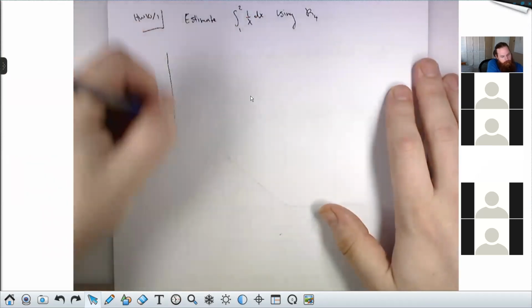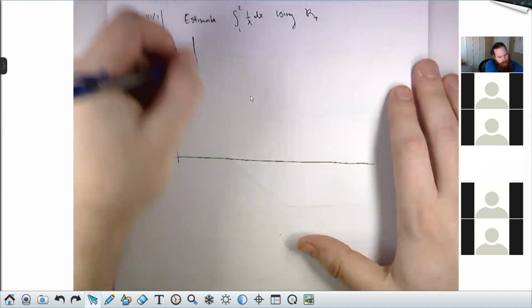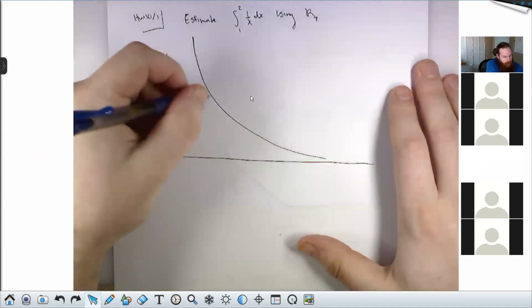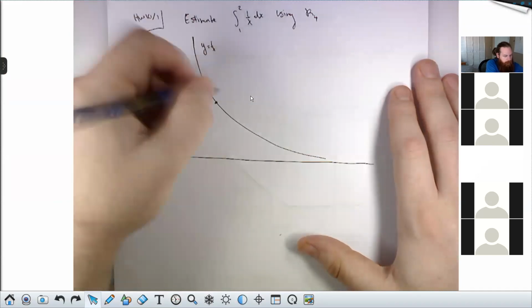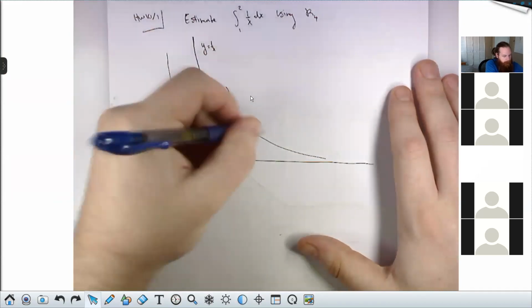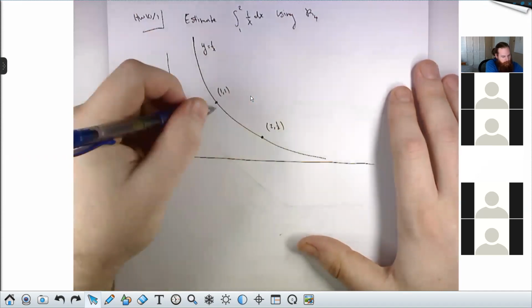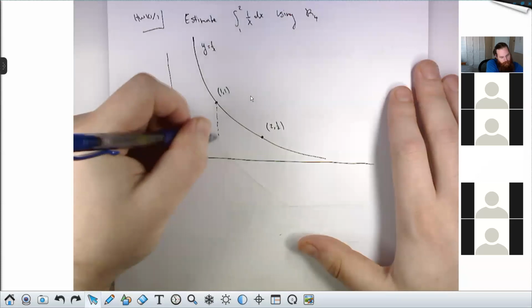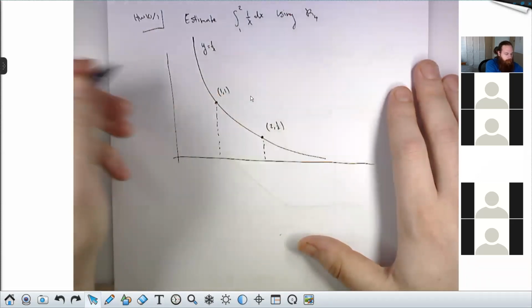So we draw the graph. This is 1 over x. This is the point 1, comma 1. And here's the point 2, comma 1/2. So the area that I'm trying to approximate is the area in here.